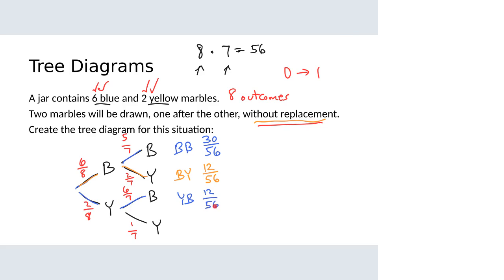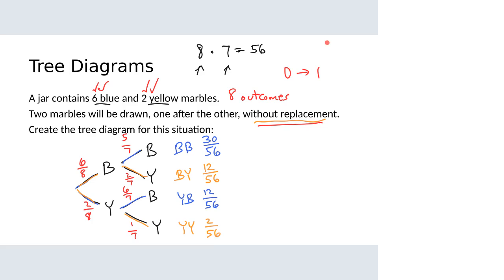That's kind of nice. And then finally, we have yellow followed by yellow. We'll multiply those two probabilities together because we're getting a yellow one, then after that, we're drawing a yellow one. These are successive events, one after the other. That's why we're multiplying. And 2 times 1 is just 2 out of 56.